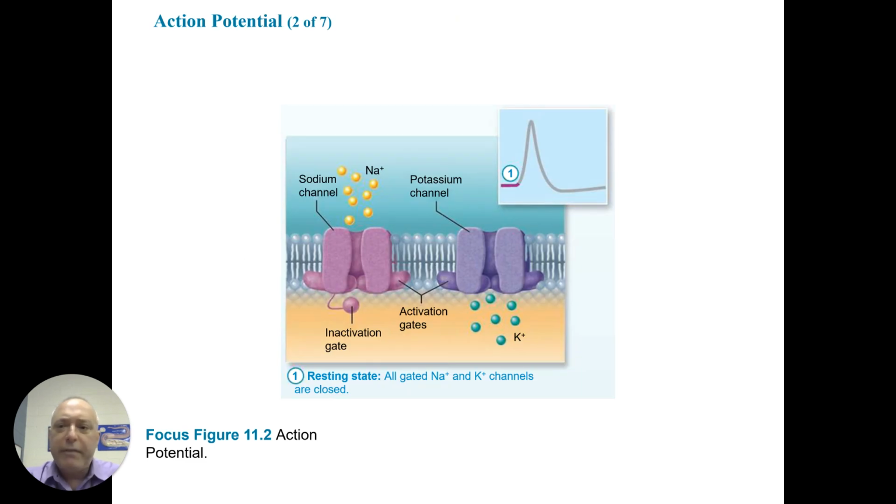So let's look at the different phases of the action potential. We start with our resting phase where the sodium and potassium channels are closed. Now you have your potassium leak channels. It's a little bit different than an outright potassium channel that opens and lets the potassium efflux out of the cell. The potassium leak are going to establish this resting membrane potential.